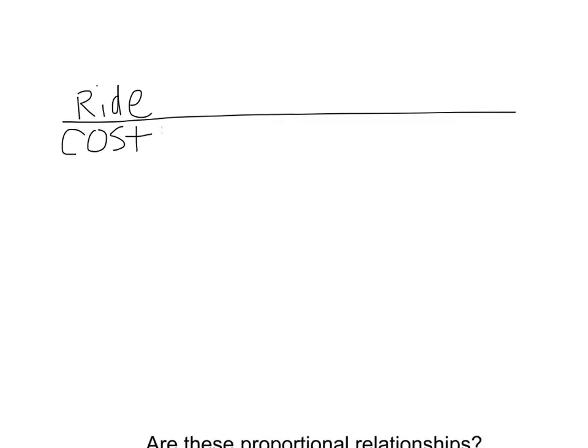Here's a final example. It costs $5 to get into the fair and $2 for each ride. Is this a proportional relationship? Okay, to set this up, I would start with a table here and say, let's go the cost and how many rides they go on. Okay, now if you go on 0 rides, you still have to pay $5 to get into the fair.